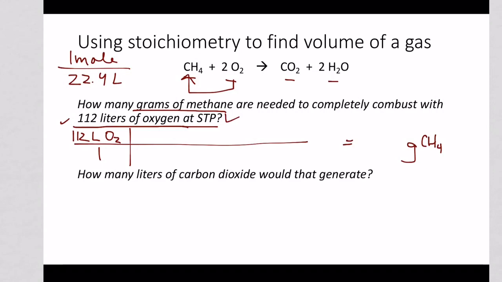Our first step, just like in the past, we were dividing by the molar mass. This time we're not going to divide by the molar mass, we're going to divide by liters, which is 22.4, because 1 mole of O2 is equal to 22.4 liters of O2.